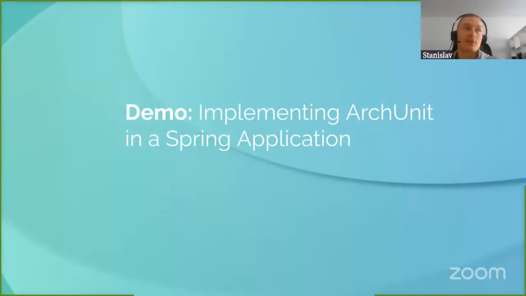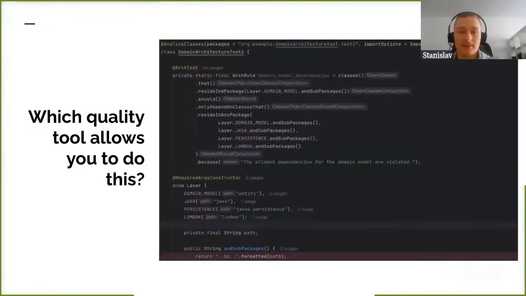Yeah, soon we will start the demo. I will share some code from the IDE, but before that, I will ask a question. Which quality tools allow you to do this? This test that you see on the slide is checking the domain model dependencies.